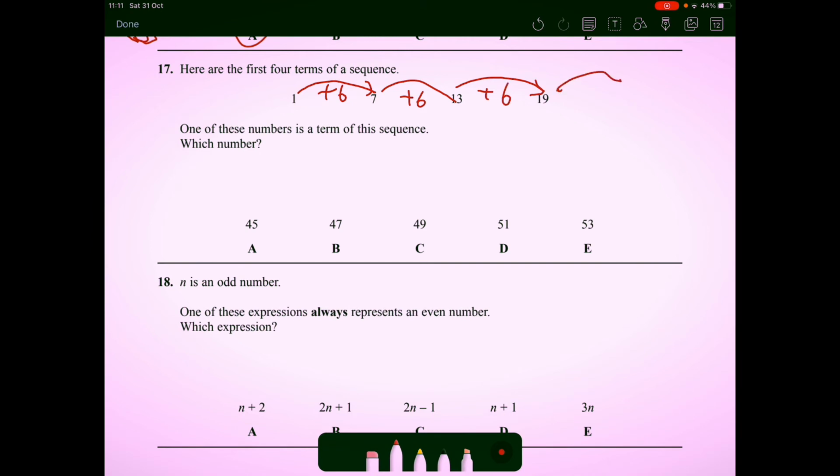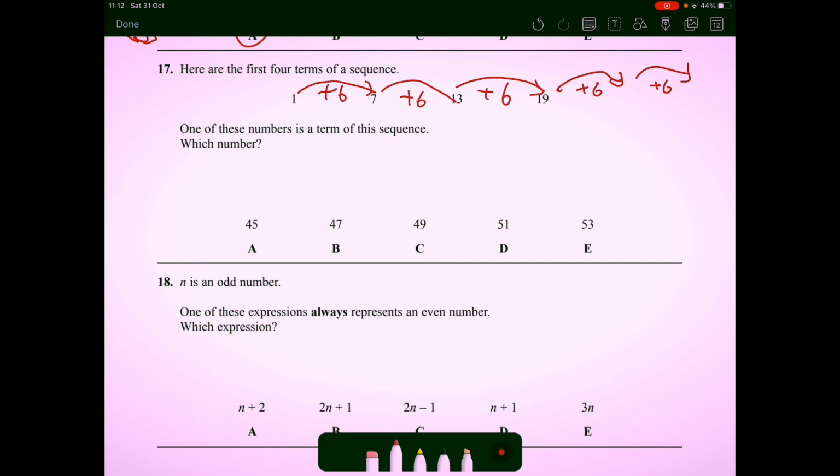Okay, so each time we're going to be adding 6 and so on and so on. One of these numbers is a term in a sequence. Which number is it? So in this instance here, there's 2 ways of doing this. You can either sit there and count on in 6s until you get there, or you can recognize that this is basically the 6 times table with an adjustment.